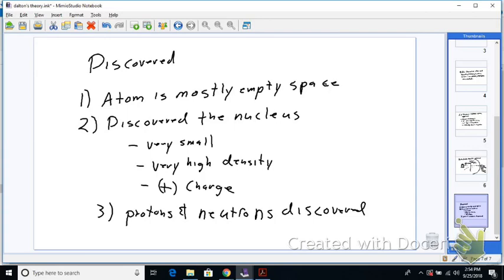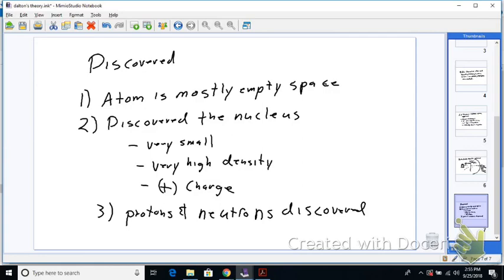And that had to be caused by something that was really dense, because this alpha particle was pretty heavy and it was moving at an extremely fast rate of speed. Something to deflect it had to be pretty dense. And because it was being deflected, it was a positive particle, that in itself was positive as well. So there's where the protons were discovered, based upon Thomson's experiment saying, hey, you need to look for something that's positive, and they did.